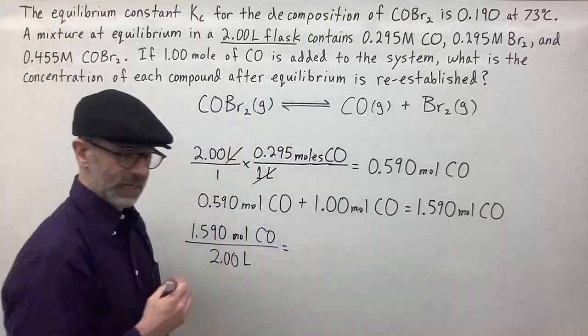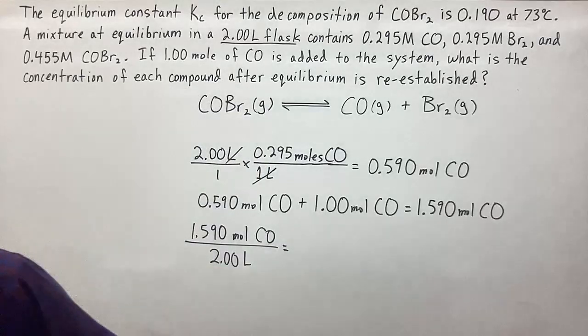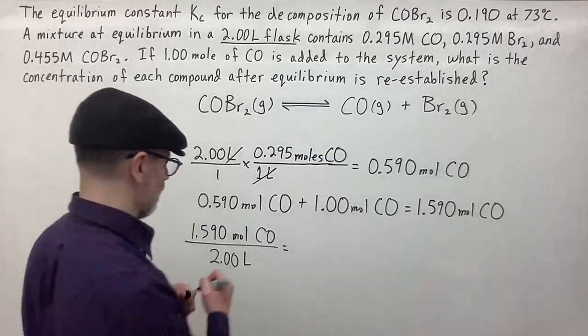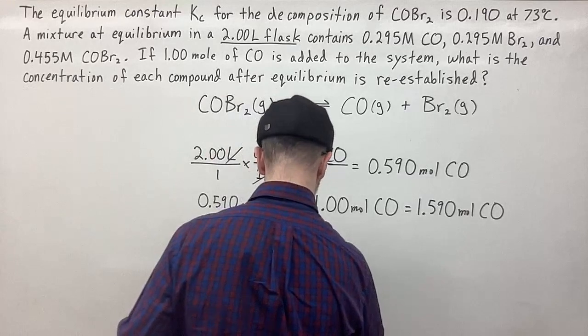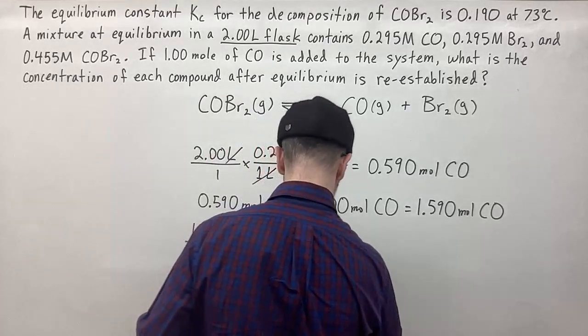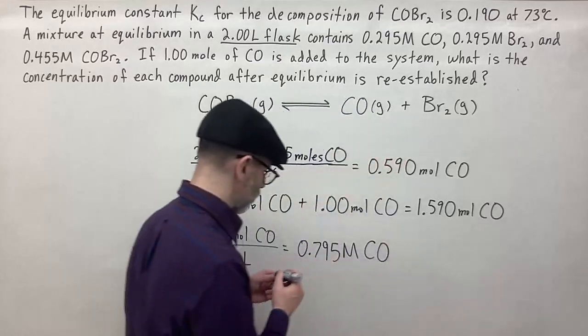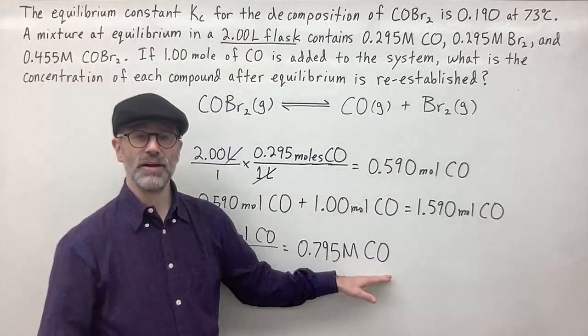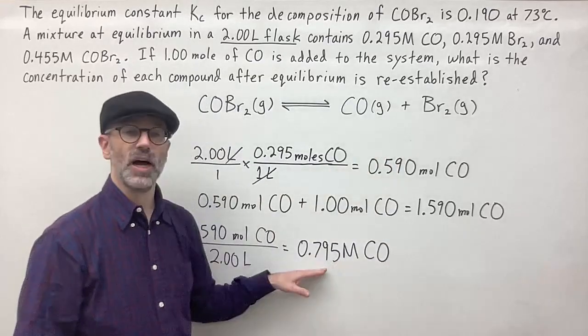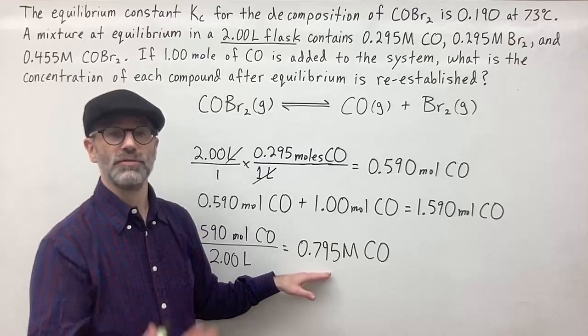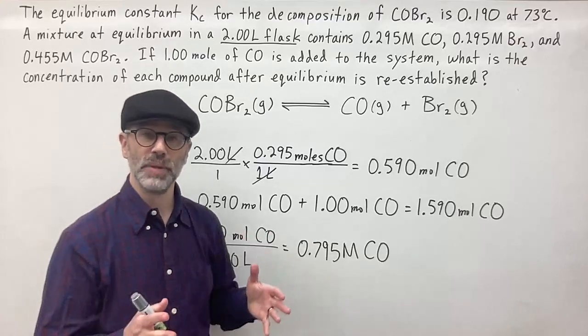And when I divide that, I get 0.795 molar of CO. So now I have the concentration of CO after I have added 1 mole of CO to the mixture.